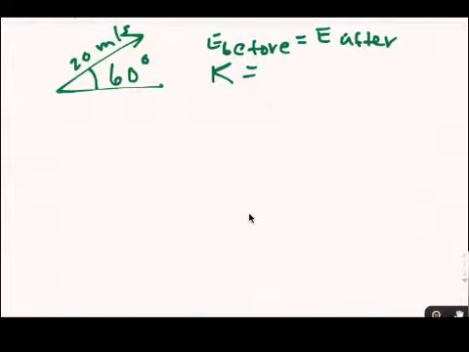And then afterwards you have potential energy, which is U for potential energy. And it's gravitational potential energy, so it's UG, plus you do have some kinetic energy, but only in the horizontal direction, because at the top it stops vertically, so you only have horizontal kinetic energy there.